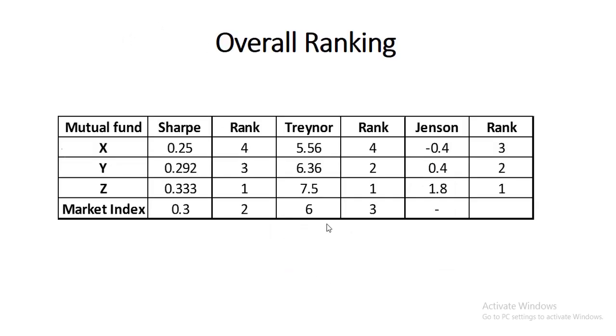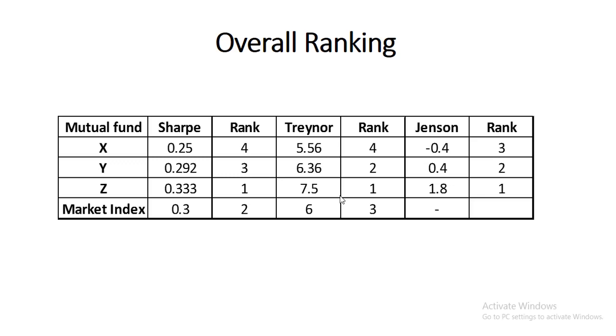And now this is called overall performance evaluation. So if we check as compared to Sharpe, the highest ratio is for Z. So that is why we give number 1 to Z. The next best is market. The third is mutual fund Y, and the last rank is for mutual fund X. For Treynor, again first comes Z, which is having 7.5 highest.